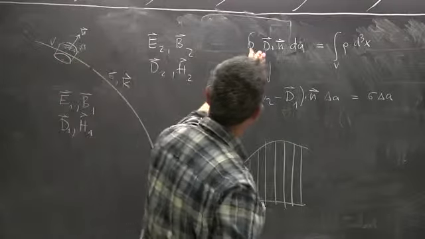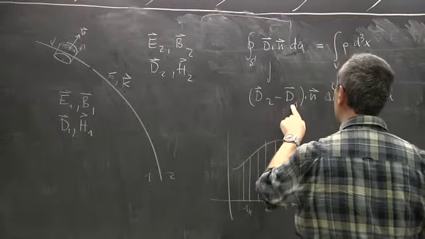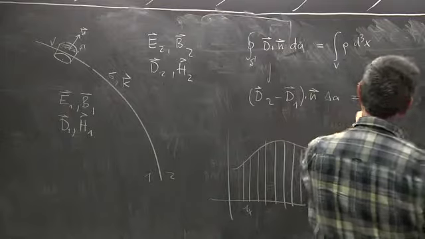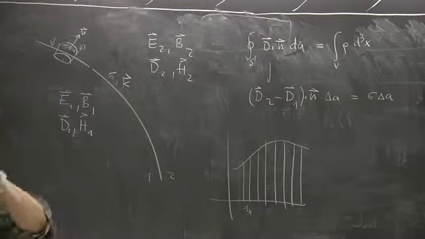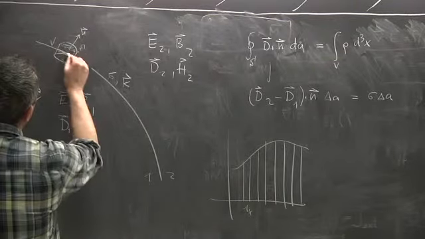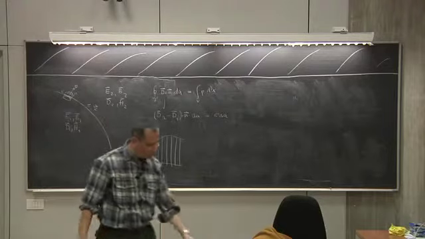And this integral tells me that the change from D2 to D1 projected along the normal direction is equal exactly to how much charge you have on the surface that you have included in your cylinder. Okay? So that's the first of the boundary conditions, right?